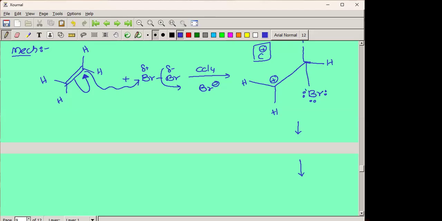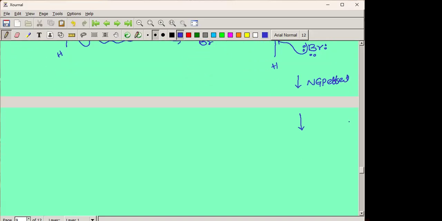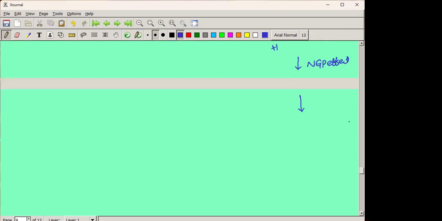These lone pair electrons get involved in bonding. This is called the NGP effect, neighboring group participation. Due to neighboring group participation, this forms a cyclic structure.